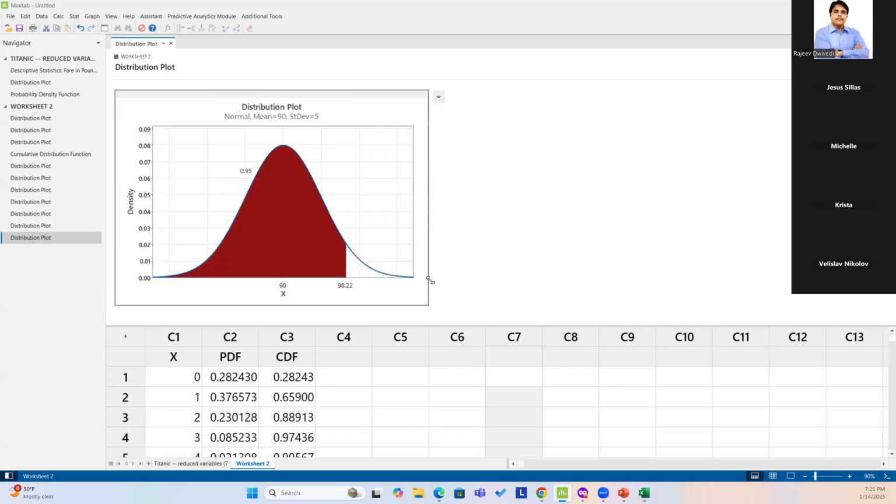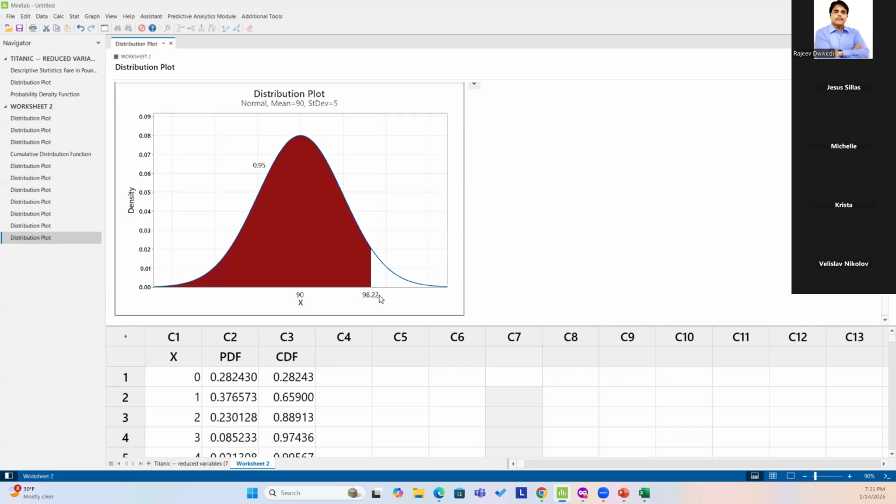So if somebody scored 98.22, he or she will be in the top 5%, top 5 percentile of the course. So basically this is the way to do it. You need to have the mean and the standard deviation. When you have these things, you can get the X value or the corresponding probability.